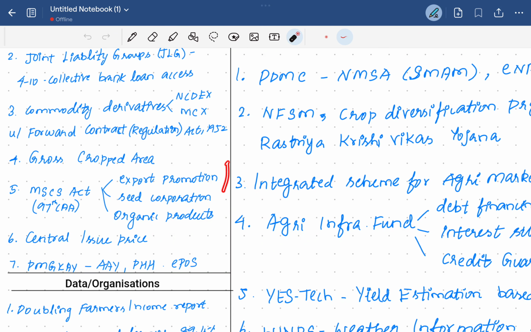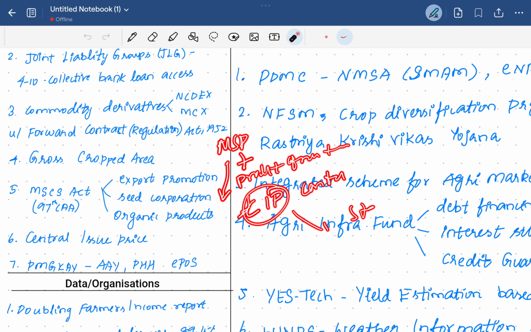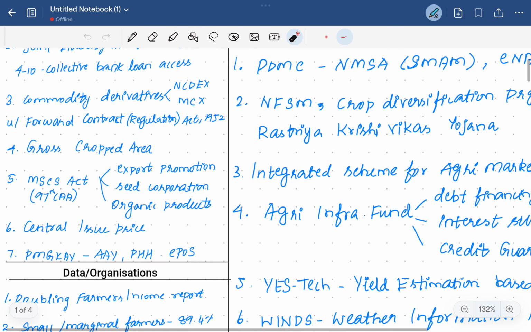The central issue price takes its value from the MSP plus production, transportation and other charges, and is issued by the center to the states, then the states issue the state issue price to the fair price shops. So this is the value chain of the central issue price for the PDS scheme under the National Food Security Act.